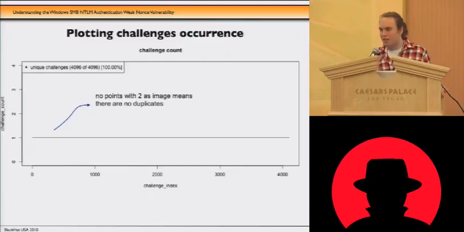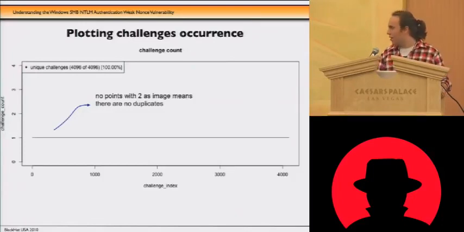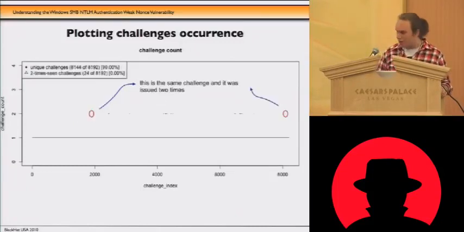We counted the number of occurrences of each challenge and plotted it in a graph. For example, this is the first 4K of the sample, where there are only unique challenges, so they are plotted at number 1. And if the challenges are duplicated, they will plot at number 2, for example.